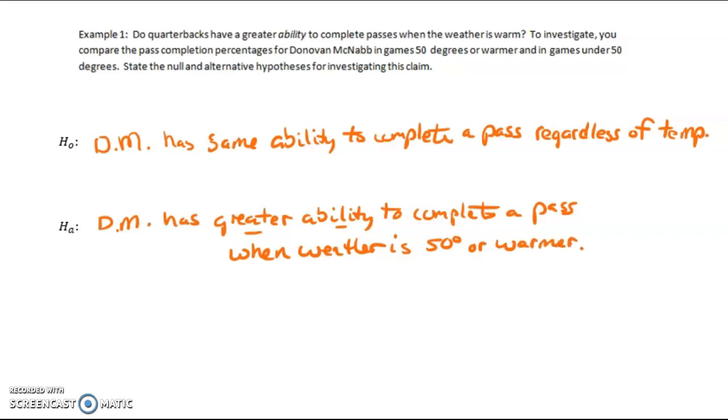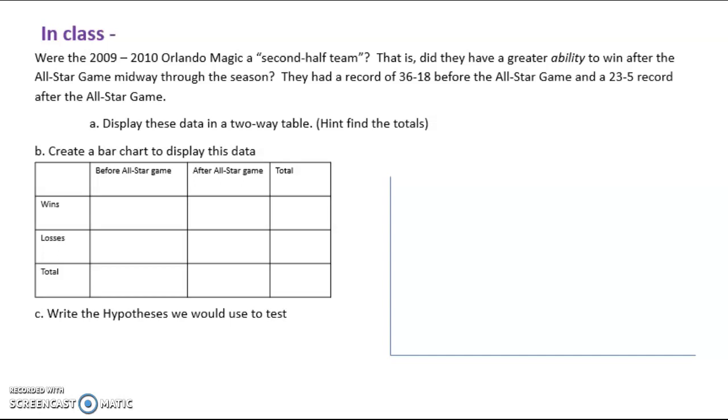Okay. All right, so another good example of the Ho and the Ha. Moving on, last screen. So here we go.